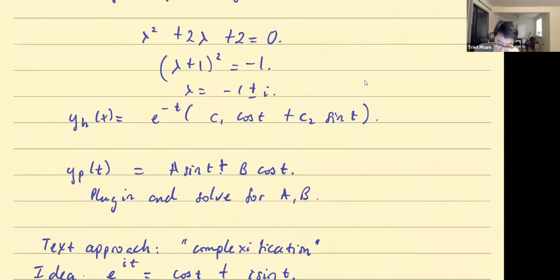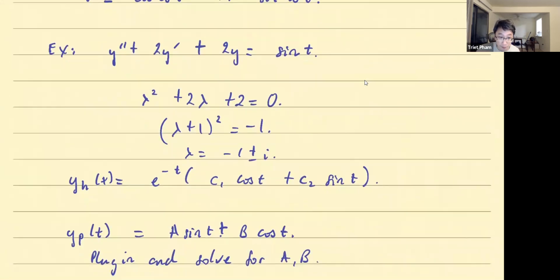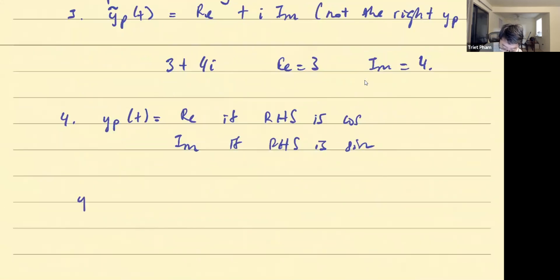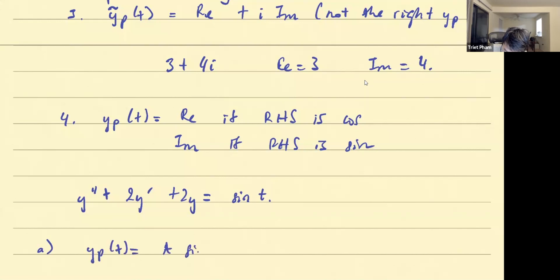Okay, so going back to our example, y double prime plus 2y prime plus 2y is going to be sine t. So let's do the a cosine plus b sine approach. Approach 1, the straightforward one.